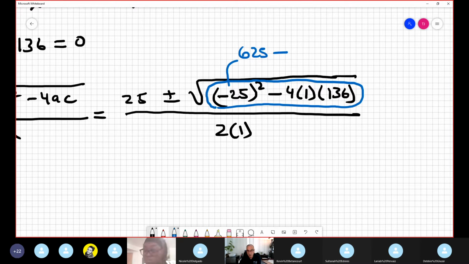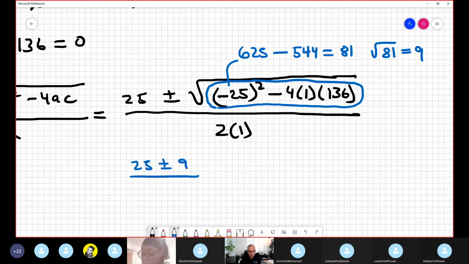Minus, we have only one negative, okay? And this is 544. Multiplication, 4 times 1 is 4, multiplied by 136 is 544. When you subtract again, it's 81, nice. And the square root of 81 is 9. And so far, we have 25 plus or minus 9 divided by 2.